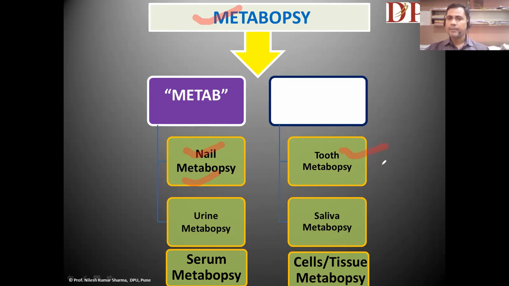Then it can be tooth metabopsy. It can also be urine metabopsy, saliva metabopsy, serum metabopsy, and also cell and tissue metabopsy. So the whole diversification of metabopsy can be made in future.